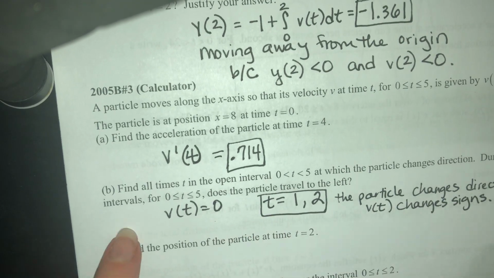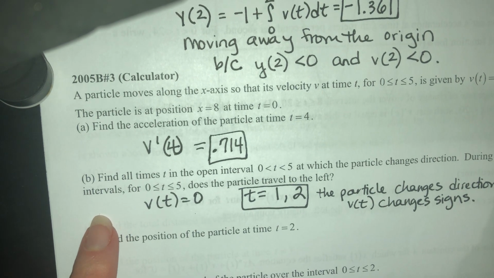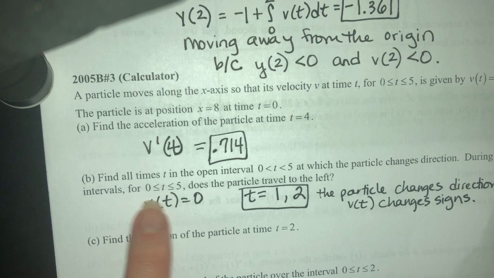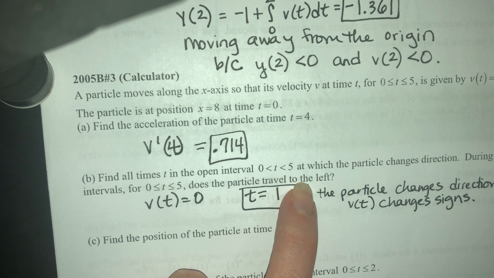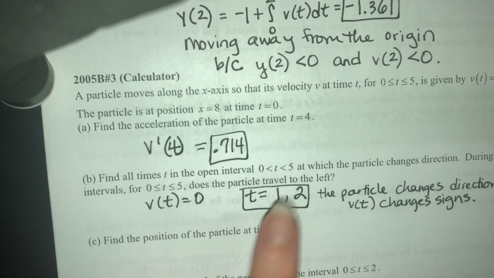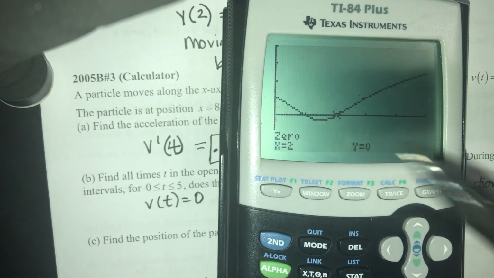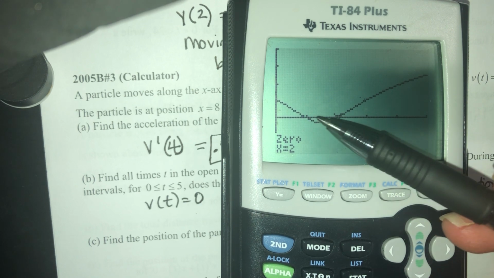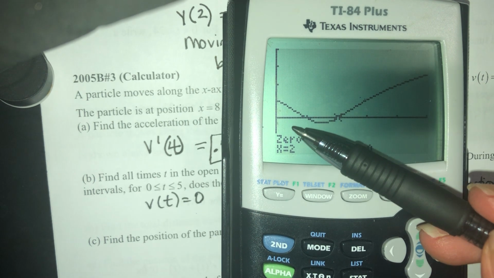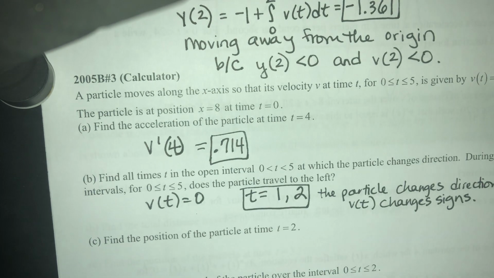Okay, so during which time intervals from 0 to 5 does the particle travel to the left? Okay, so right is positive velocity, left is negative velocity. So when is my velocity negative? That's when it's underneath the x-axis. So that's going to be from positive 1 to positive 2.